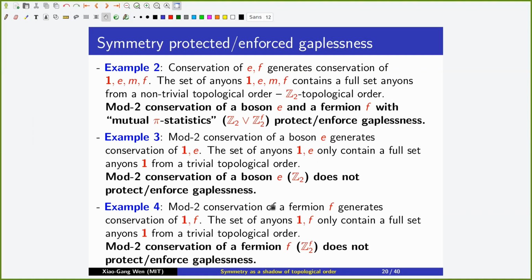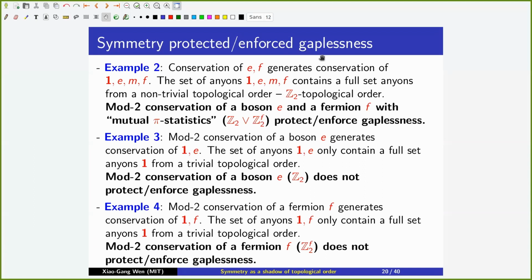So this example tries to demonstrate that when you have a full categorical symmetry, you can take a part of it. The part can be anomalous symmetry, or can be anomaly free, and sometimes a part of it is enough to protect, enforce, the gaplessness. And this is a very general way to understand symmetry protected and enforced gaplessness.